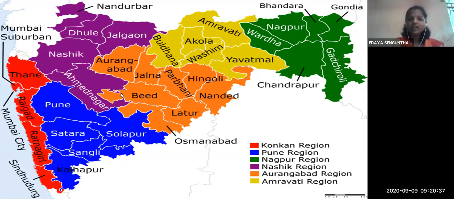Similarly, as you just read the red and blue colors, there are many districts in Maharashtra, and the districts are divided into particular divisions. Red color comes under the Konkan division, blue under Pune, green under Nagpur. These districts are grouped into divisions for better administration.